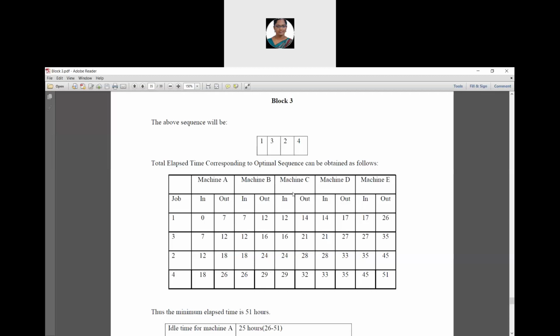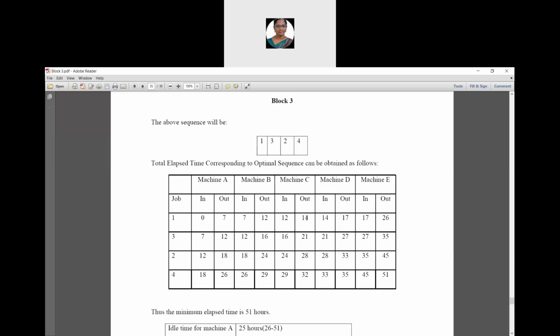Similarly, you have to find machine C, D, and E. Okay, so for machine C, the first in value is the first out value of machine B. It is 12. Then how to find the out value?